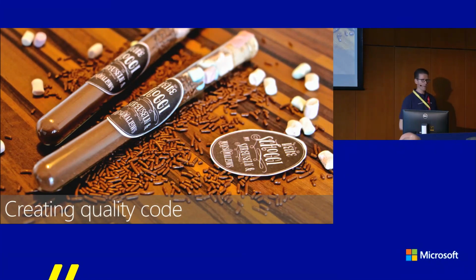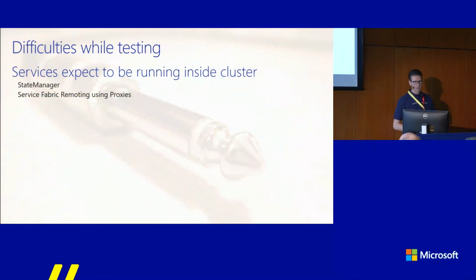So creating quality code. We're leaving the architecture area now and going to the development area. The difficulty while testing is that whenever you test your services, they expect to be running inside a cluster. And that means that they expect the state manager to be there. And the default behavior of the state manager is copying the data to all the secondary replicas.